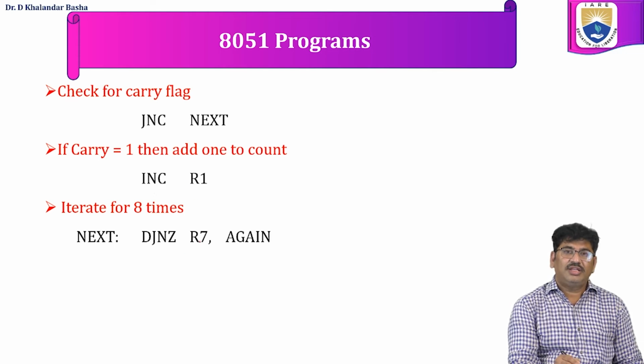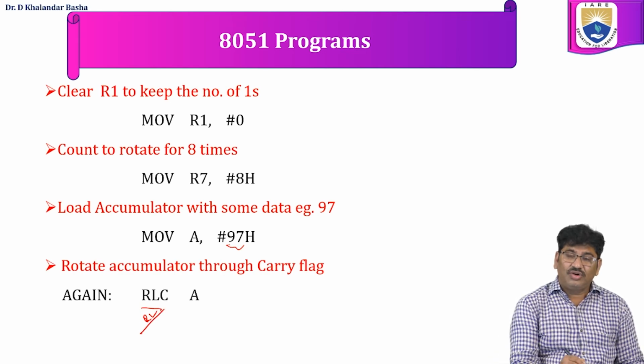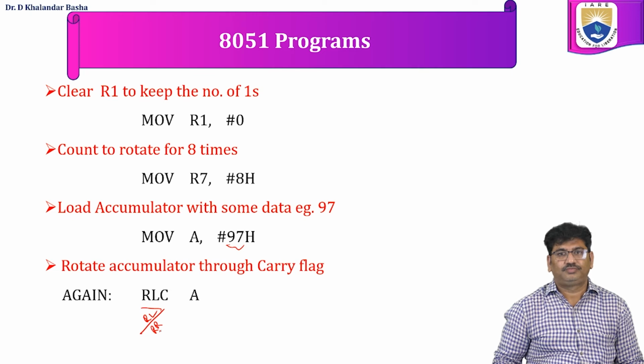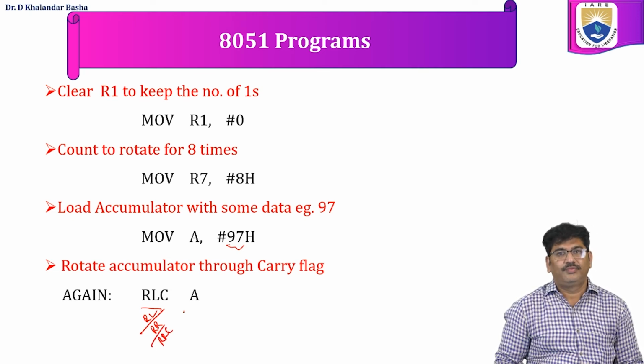For every iteration, the count specified in the R7 register will be decremented. If the R7 register is non-zero, go to the again label again. In the again label, we shift the contents towards the left side. The allowed instructions are RLC, RL, RR or RRC. Any instruction we can use.